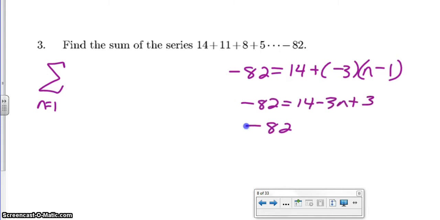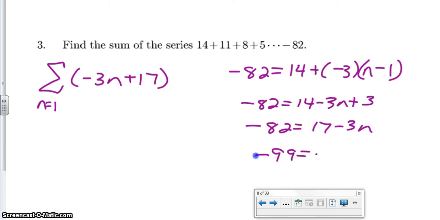Negative 82 is equal to 17 minus 3n. Oh, there's my related function right there. I'll go ahead and write that in. Okay, subtract 17 from both sides. Negative 99 is equal to negative 3n. So n is equal to 33. Go ahead and put that right up where it belongs.